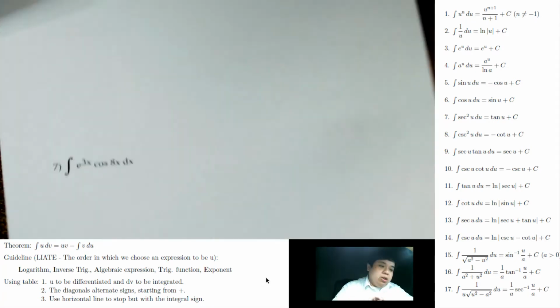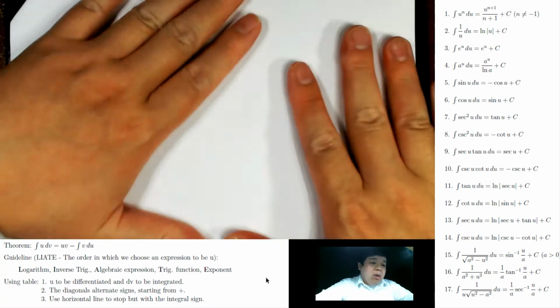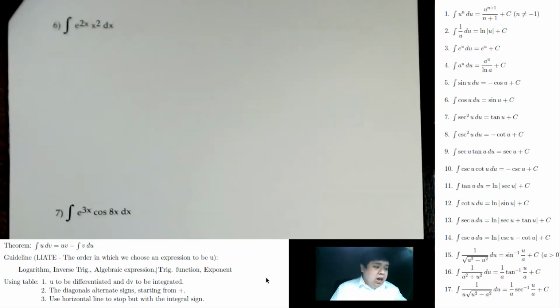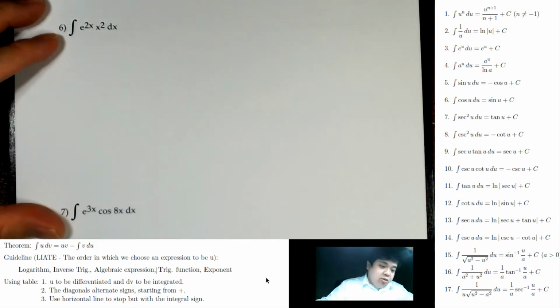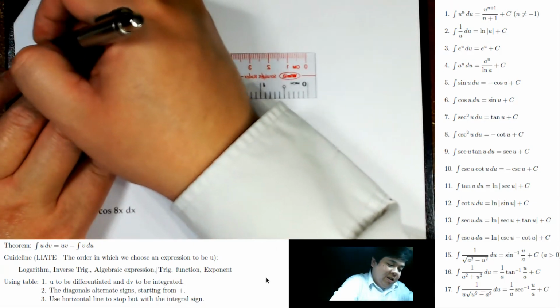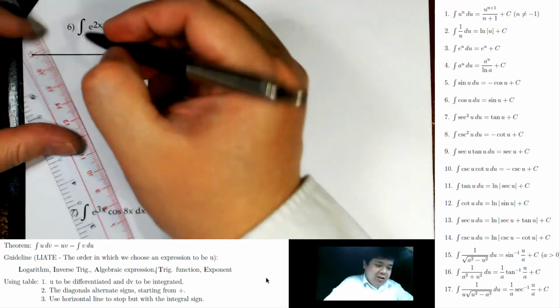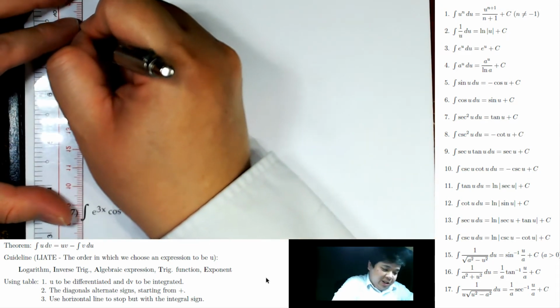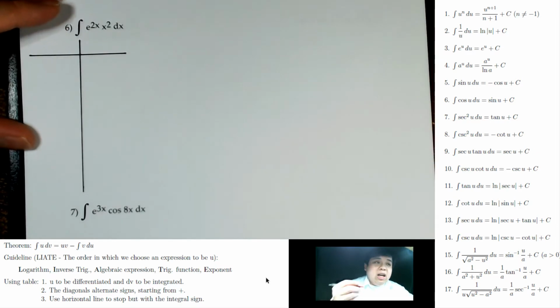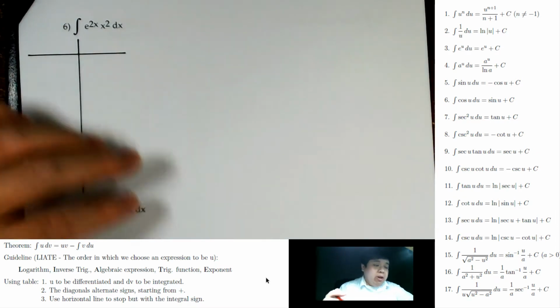which also uses integration by parts, but this time we use the table. So first, if we use the table, I want to have 2 components. The first one is u, the other one is dv.